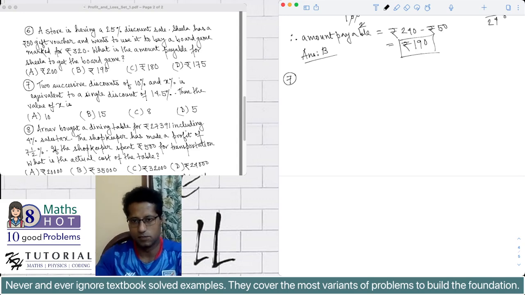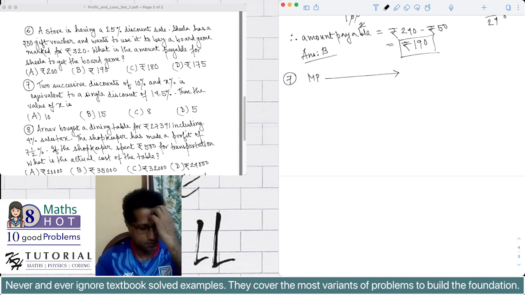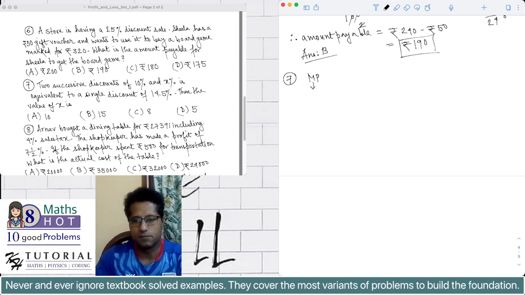We know that discounts are given on the mark price. Let's say the mark price is rupees X, sorry, we cannot use X because X is already given in the problem. So let's say the mark price is rupees y.